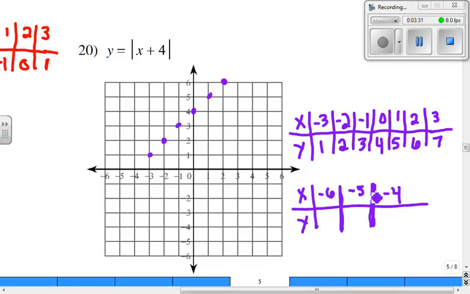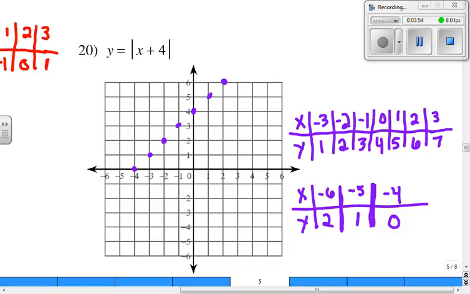Okay, when x is negative 6, negative 6 plus 4 is negative 2, the absolute value of which is 2. Negative 5 plus 4 is negative 1, the absolute value of which is positive 1. Negative 4 plus 4 is 0.